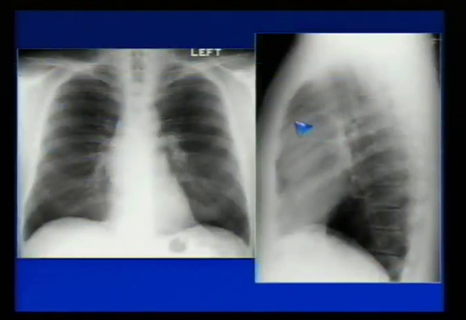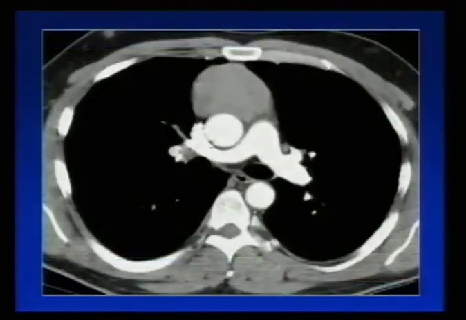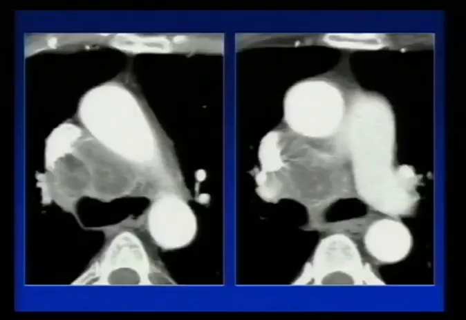There's an anterior mediastinal mass, with a differential diagnosis of lymphadenopathy due to multiple causes: metastases, lymphoma, sarcoid, thymoma, germ cell tumor. We see a homogeneous anterior mediastinal mass. This turns out to be Hodgkin's lymphoma in the anterior mediastinum. But again, you can't really differentiate this from thymoma based on the image.